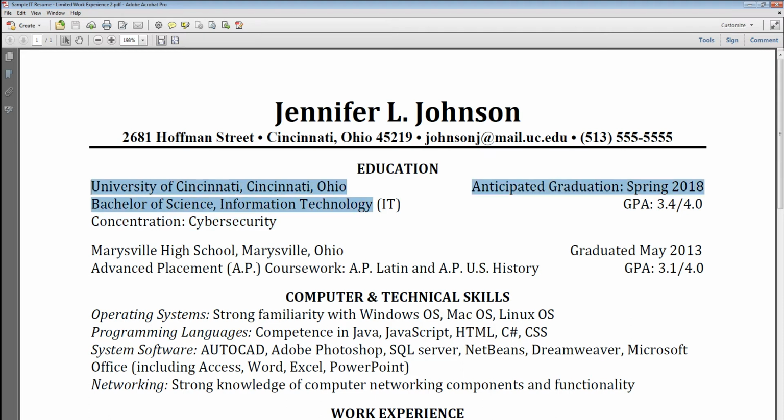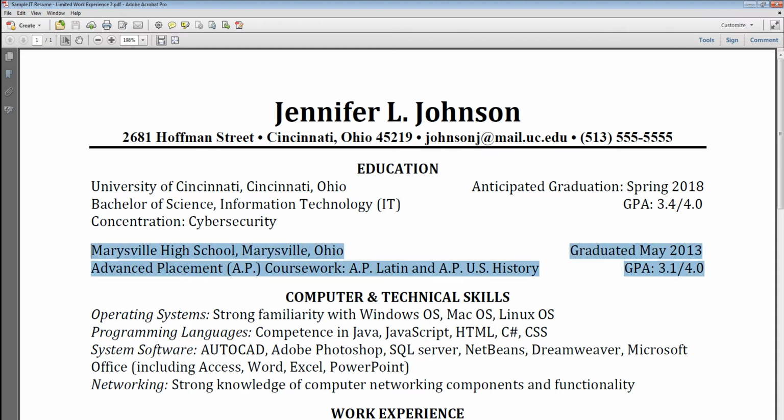Okay, so one of the other aesthetic things I'll note is that you'll notice all of this content related to the University of Cincinnati is single-spaced. It's single-spaced in an intentional format because it's all information that's related to UC. What I've done here aesthetically is create a gap, just a space, to separate your UC education from your high school education.